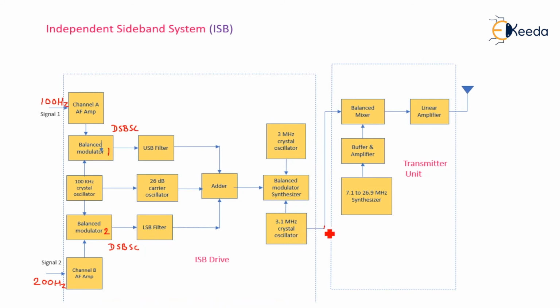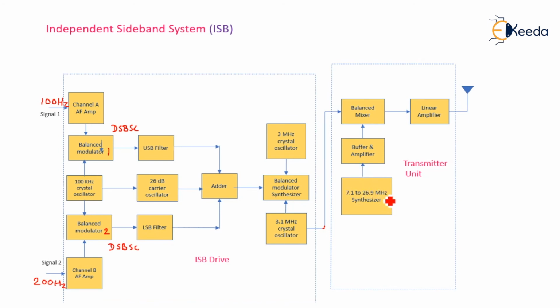So here the signal is coupled to the balance mixer. The balance mixer has a 7.1 to 26.9 MHz synthesizer frequency, that is, from the synthesizer output. So a large number of precise frequencies will be supplied to the balance mixer through the buffer amplifier.